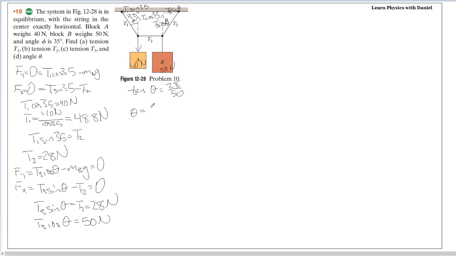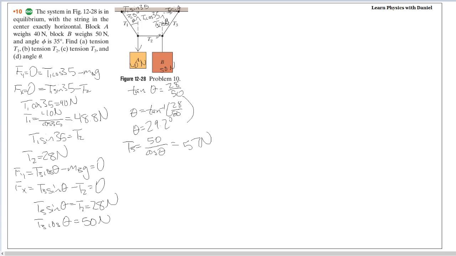So we have that our theta is the inverse tan of this value, which is, if we plug that into our trusty calculator, we get that theta is 29.2 degrees, which we can then plug back into, say, this equation. So we have T3 equals 50 over cosine theta, which means that T3 is 57 newtons. Alright, so we have our three tensions and our unknown angle.